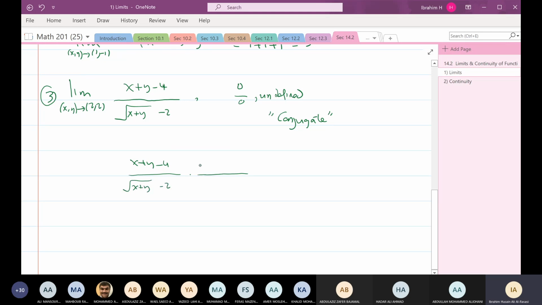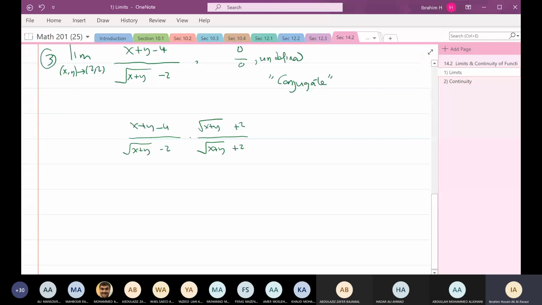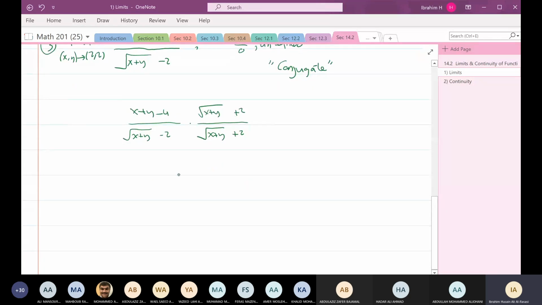The conjugate will be root x plus y plus 2 over root x plus y plus 2. The numerator will be the following: x plus y minus 4 times root x plus y plus 2. The denominator will be root x plus y squared minus 2 squared.